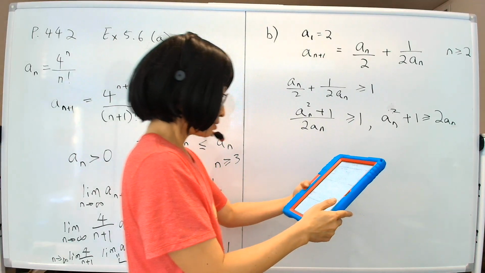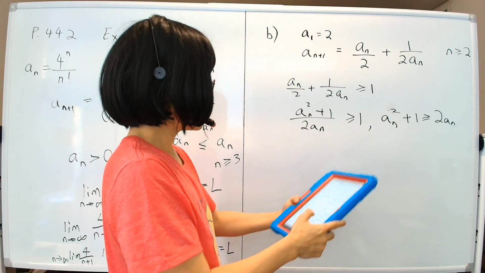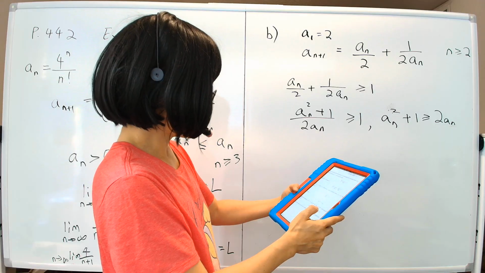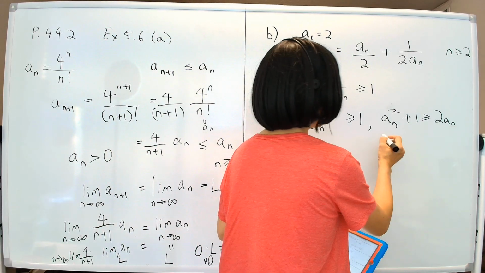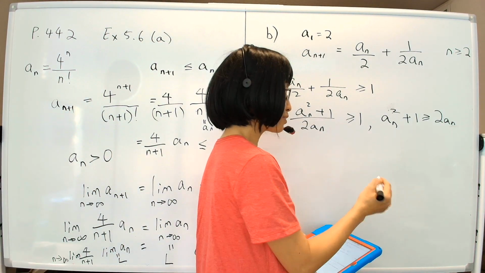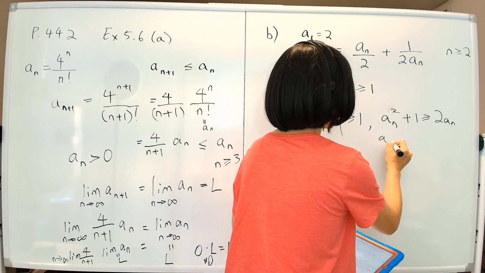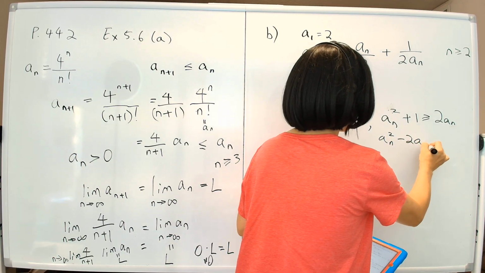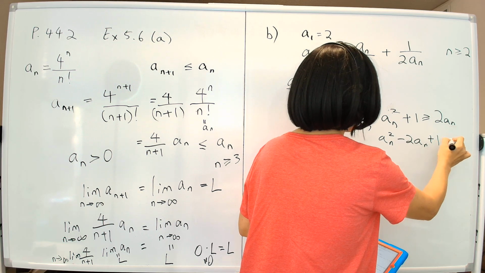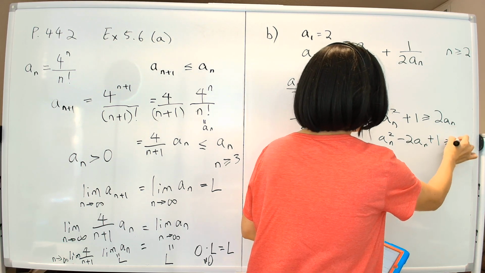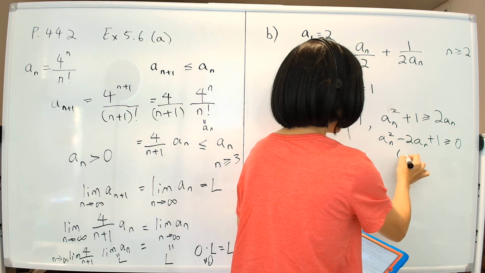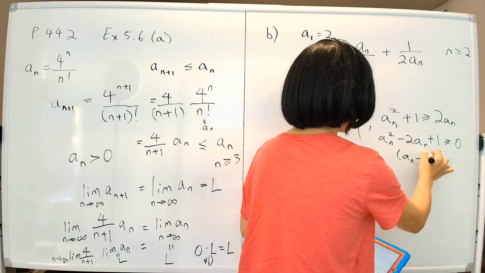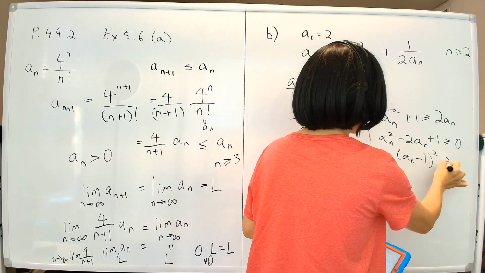So we have that, and does that remind you of something? That can be rewritten as the perfect square: an squared minus 2an plus 1 is bigger than or equal to 0, which is just an minus 1 squared bigger than or equal to 0.